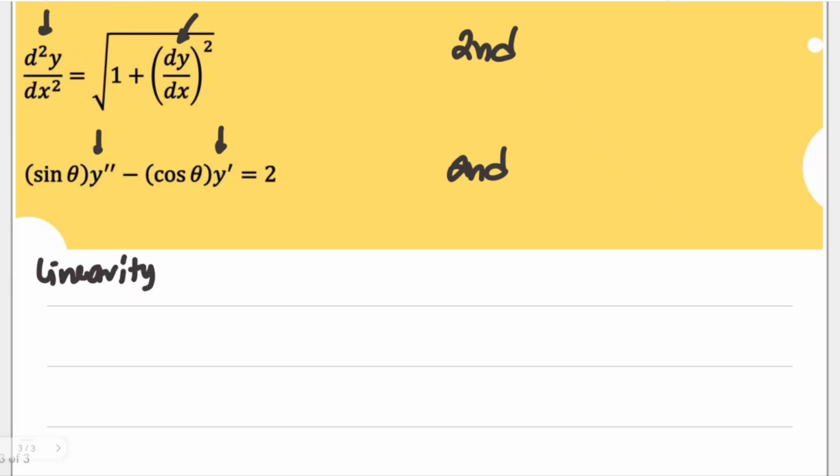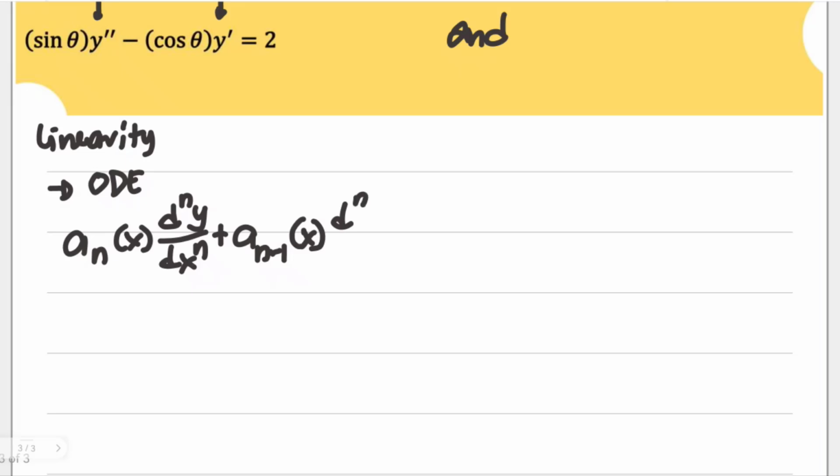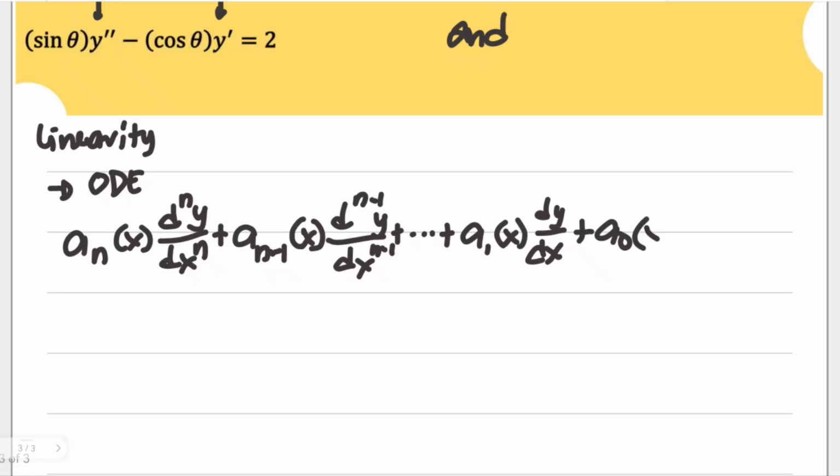Linearity of our differential equation, specifically the linearity of an ordinary differential equation, can be represented in this manner. You have your constant a sub n, which is a function of x, times the nth derivative of y with respect to x, and then another coefficient, a sub n minus 1 of x, times the (n minus 1)th order derivative of y with respect to x, and so on, plus a sub 1 of x times the first order derivative of y with respect to x, plus a sub 0 of x times y, equal to a certain g of x.